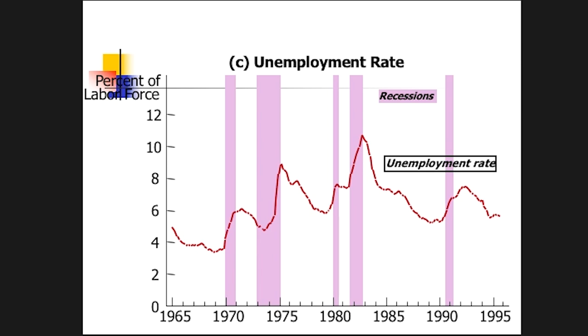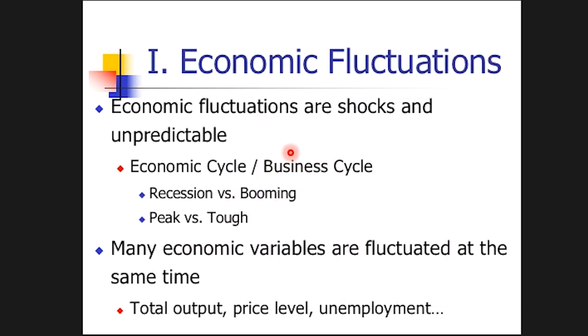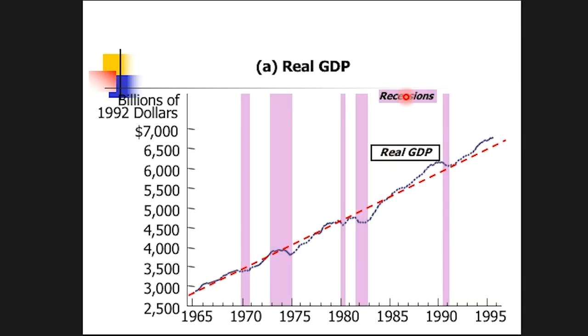So now there's a big question: why are there changes in GDP in the short run, or in other words, why is there recession and how to solve this problem.